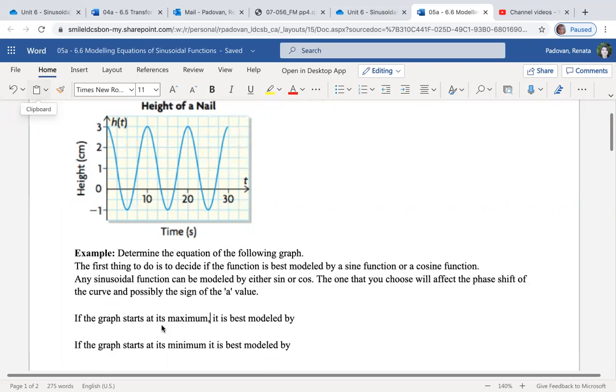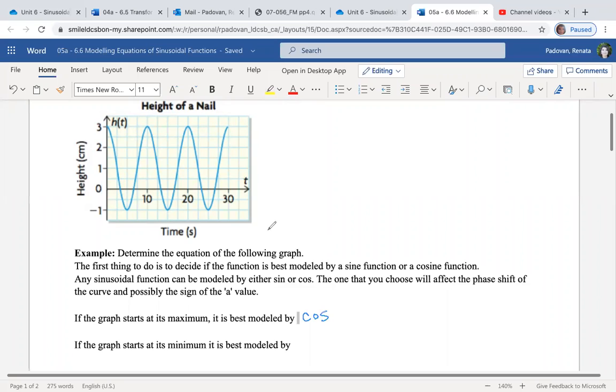If the graph starts at its maximum, like for example this particular graph, that is the highest value and it's starting off at its highest value, then it is best modeled by the cos curve.